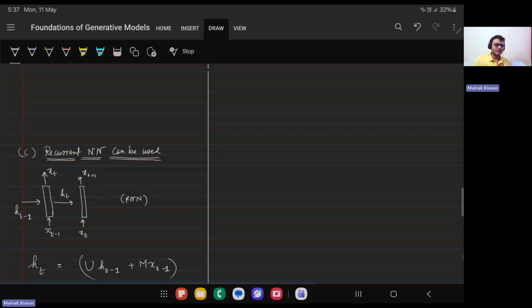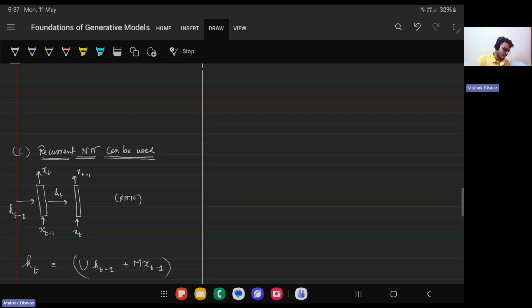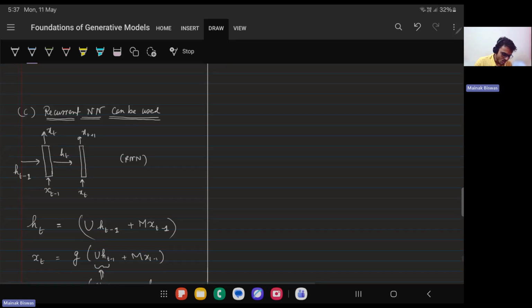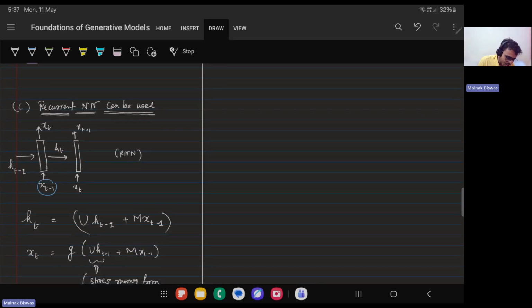Okay, so the recurrent neural networks, as you will see in the next class, and you may have already known, can also be used for predicting the next token. What it can do is use x_{t-1} and a hidden state, h_{t-1}, which is called a memory term. And h_t will be defined as some combination of the previous memory and the current data.